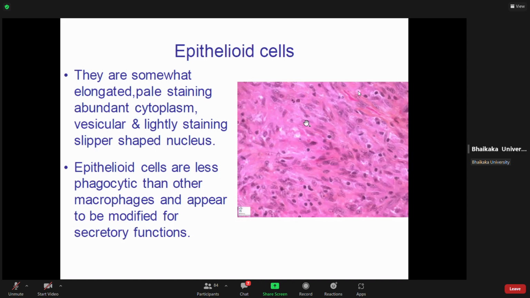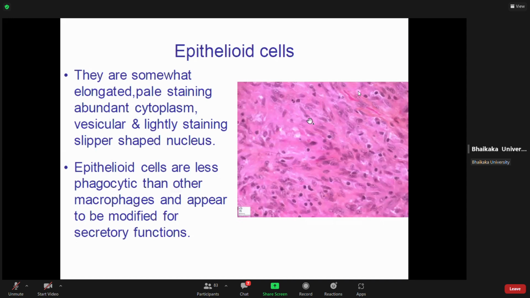The light colored cells are all macrophages. They are somewhat elongated, pale staining, with abundant cytoplasm, vesicular nuclei, and light staining slipper-shaped nucleus. I don't know whether you'll be able to appreciate the slipper-shaped nucleus here or not, but I will show you one video where you can appreciate it very well.